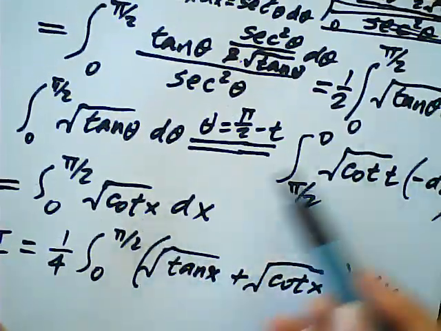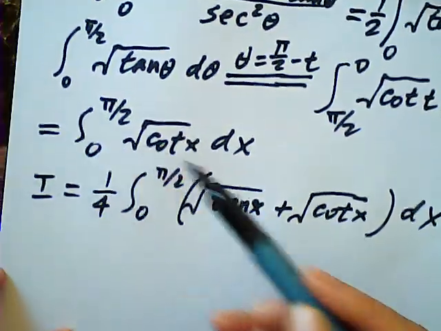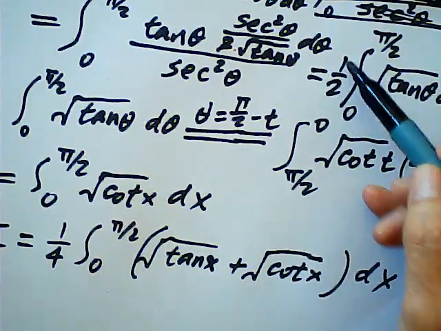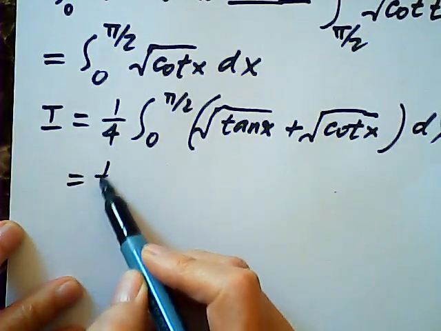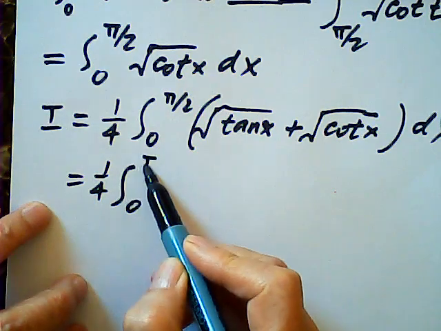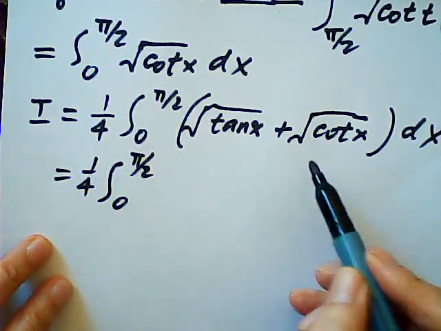When we add these two together, it becomes 1/2 of the I. So we have another half, therefore it becomes a quarter.